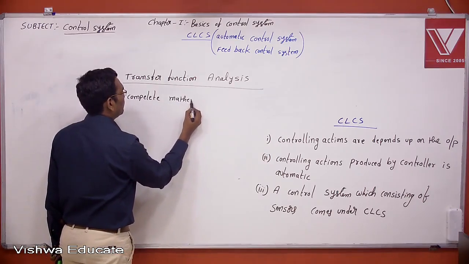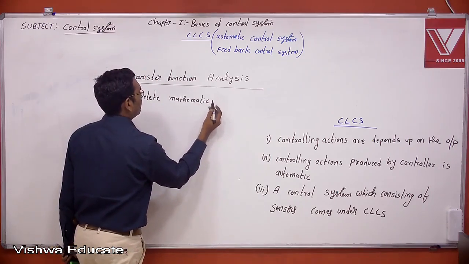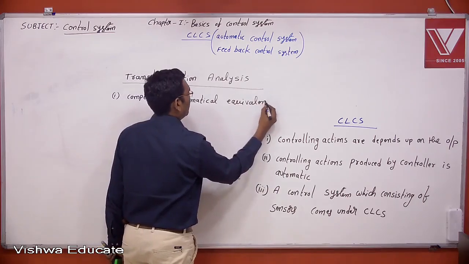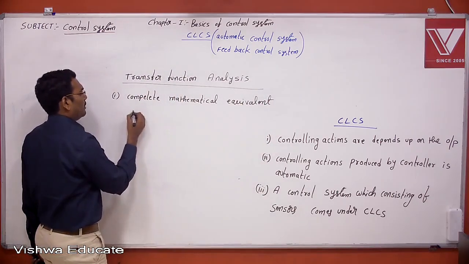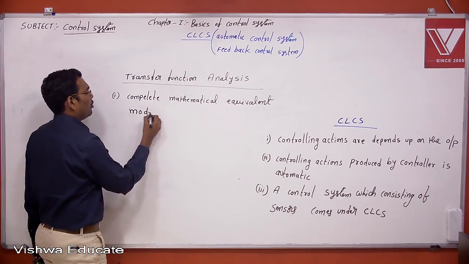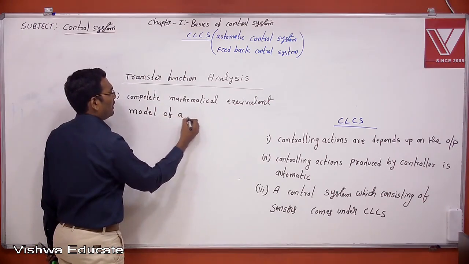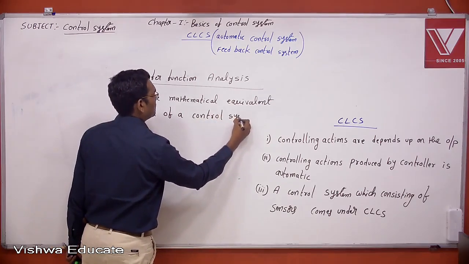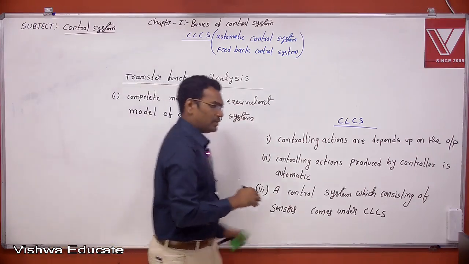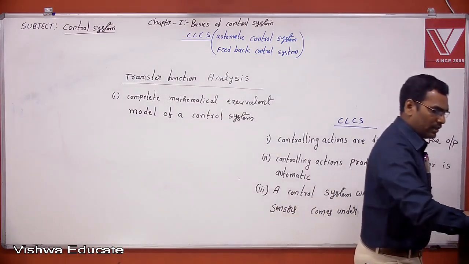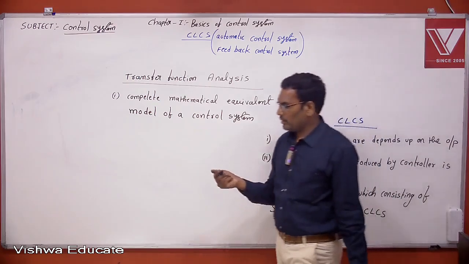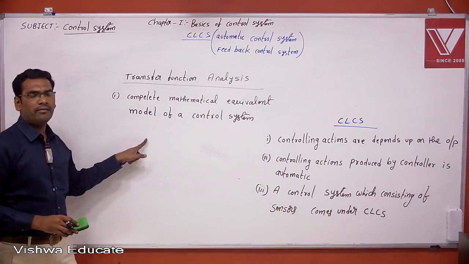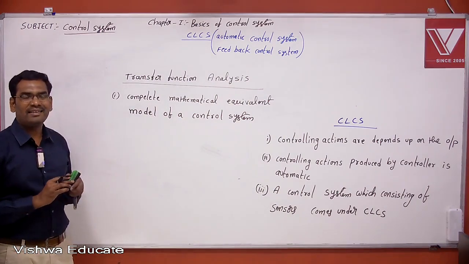The complete mathematical equivalent model of a control system or a system is given by transfer function analysis. Once you have a complete mathematical equivalent model, then you can easily understand that particular control system.